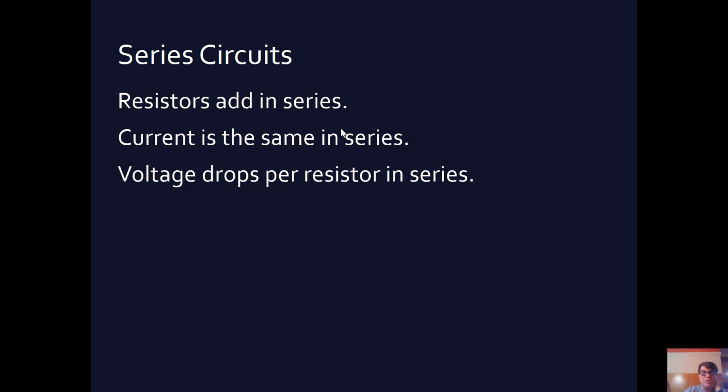They've lost their potential. They've run out of steam by the time the electrons get back to the battery, and the battery is like an elevator that takes them back up, and then they come out again, full of the push. So for each resistance, as it goes around the circuit, you lose some of that potential energy. You lose some of the push in series as the electrons go running through the neighborhood.